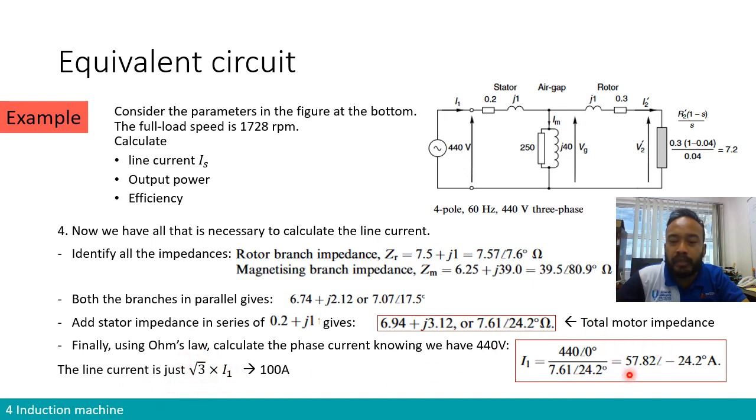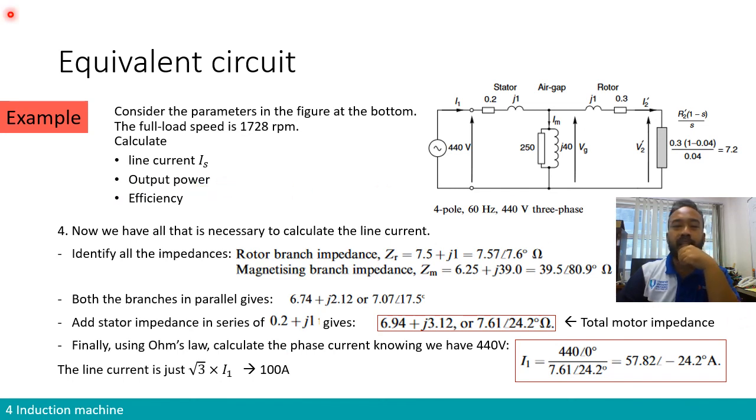So square root of 3 multiplied by 57.7, you get 100 amps. So the line current pulled by the motor as it operates this load is 100 amp. So the load that induces a slip of 0.4 will pull a line current of 100 amp.